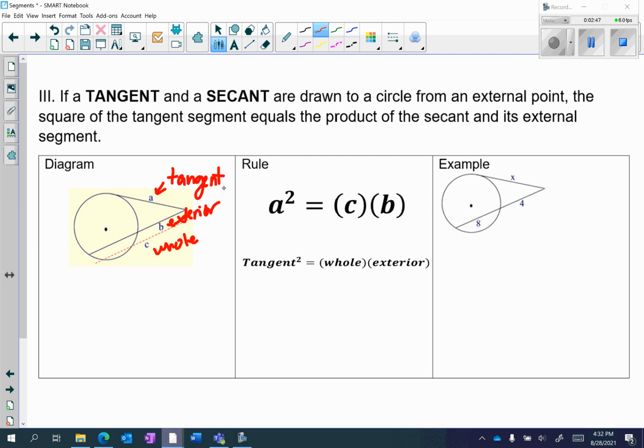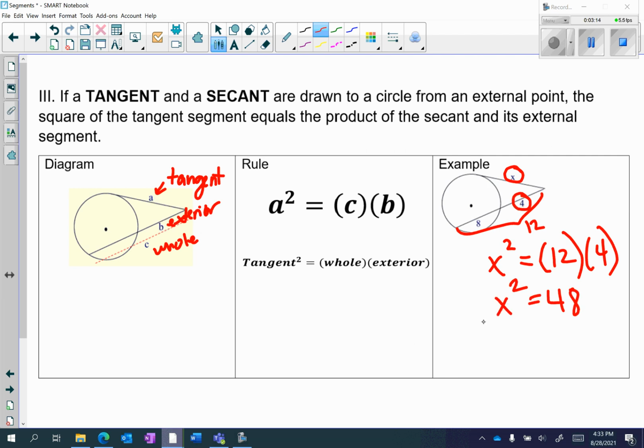So let's look at an example. Again, x is my tangent, so I'm going to square that. It's equal to my whole. Now remember, 8 and 4 are next to each other, so we're going to have to add them. So 8 plus 4 is 12. So that's going to be 12 times my exterior, which is 4. 12 times 4 is 48, is equal to x squared.